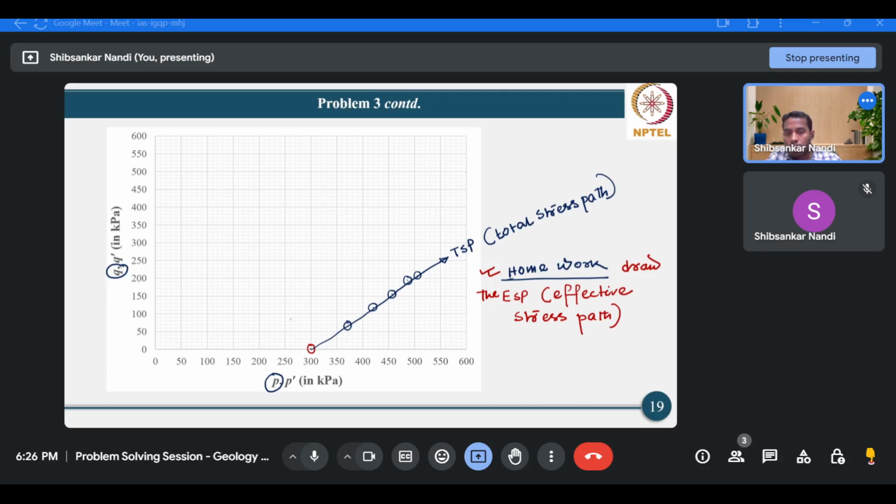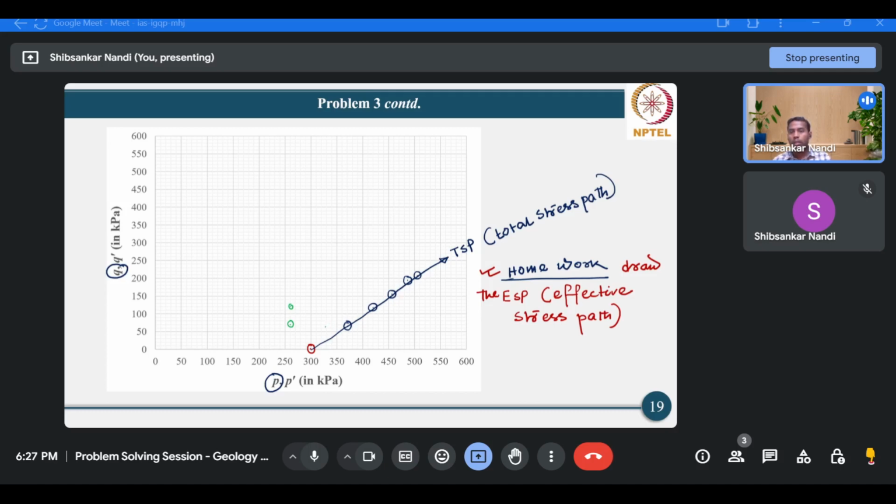Okay. So suppose in this fashion, so it will go. And the difference between these two will then give you the pore pressure. So please draw this effective stress path at your home.